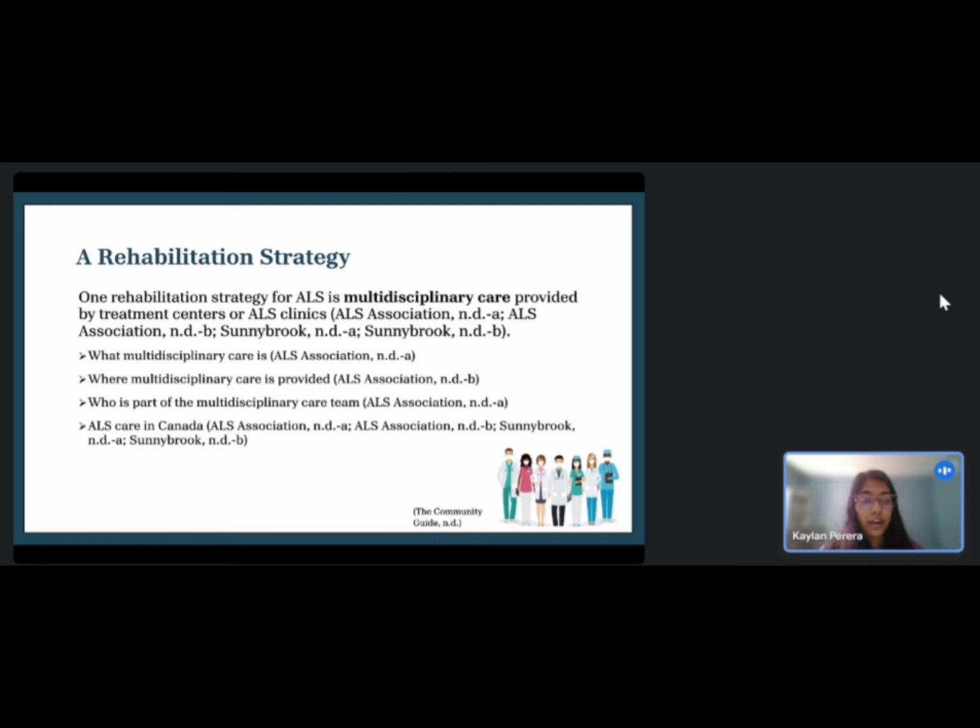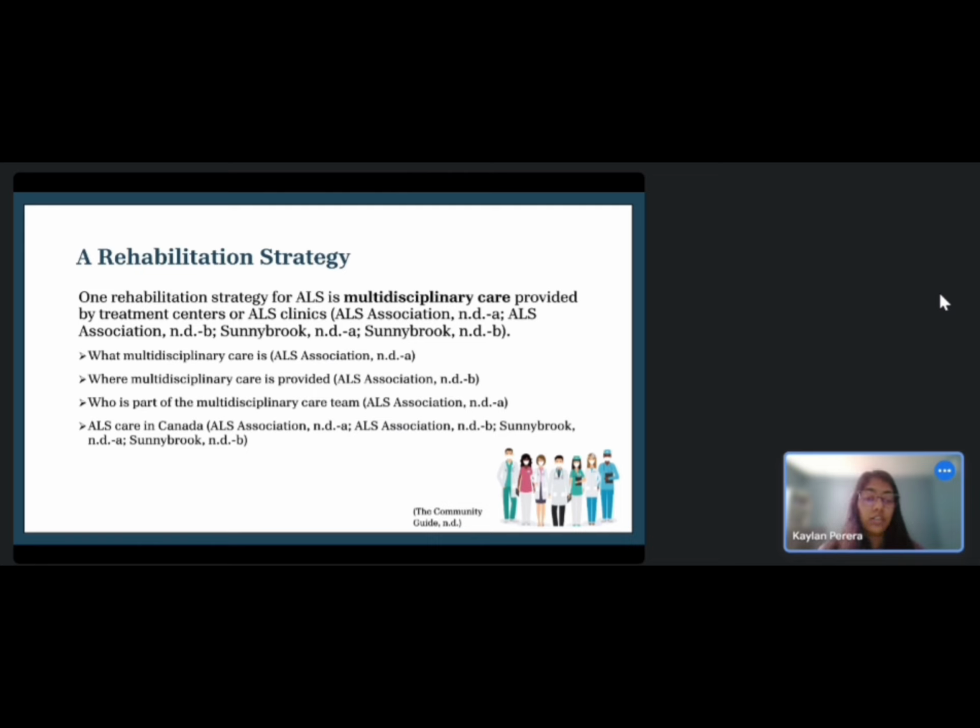There's a physical therapist who recommends exercises, looks at muscle strength and balance, and who can also provide mobility aids. There's the registered dietitian who looks at eating and swallowing, looks at calorie and fluid intake and provides recommendations, and who also can provide nutritional supplements.